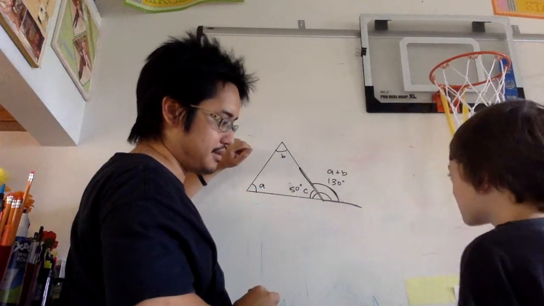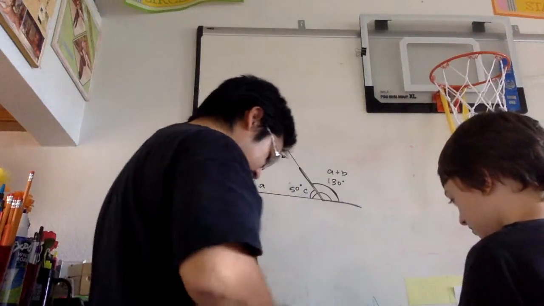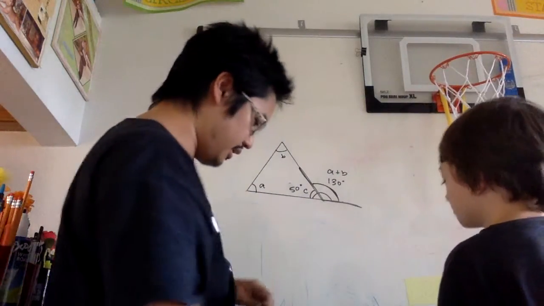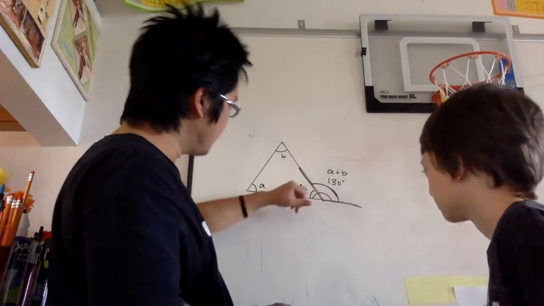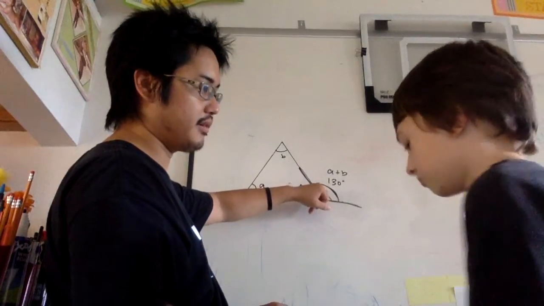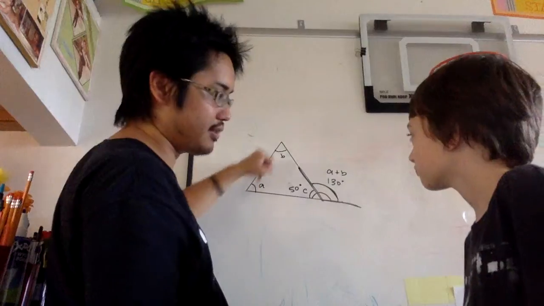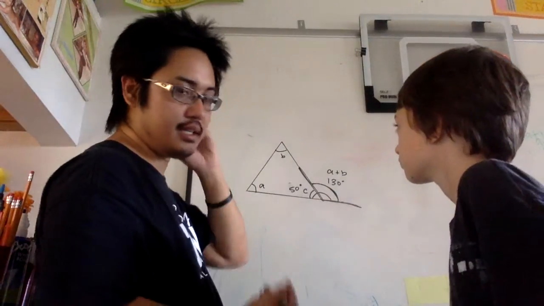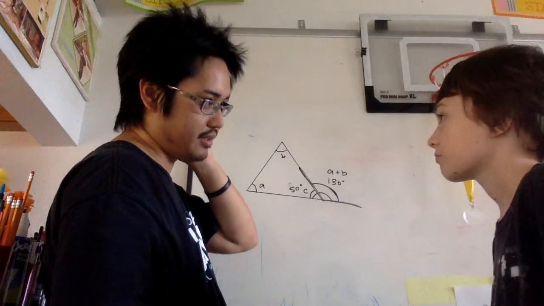Does that make sense? So if I have a triangle and this is the opposite exterior angle, and these are the opposite interior angles. What does interior mean to you? Versus exterior.